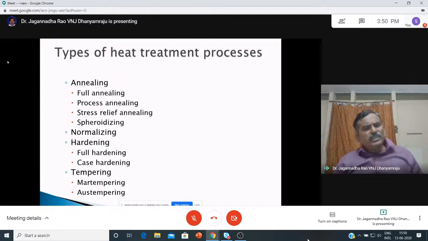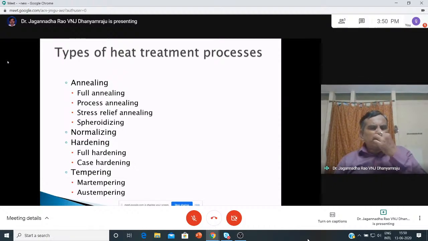When you apply an annealing treatment, the distortion and residual stresses are relieved, and the ductility is restored. That means annealing softens the component.